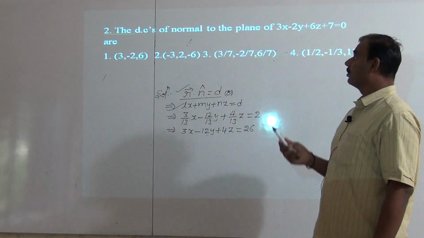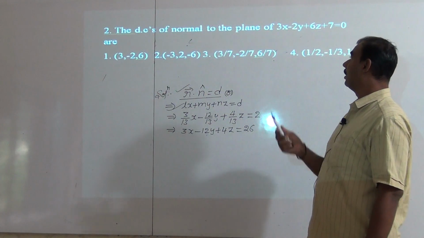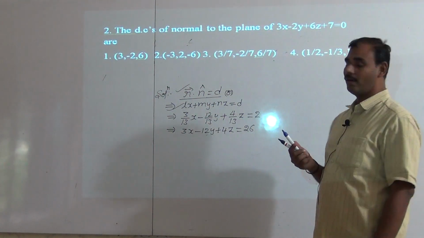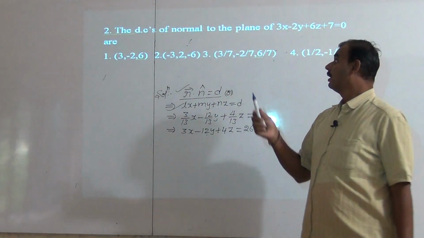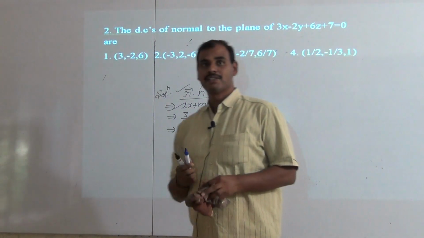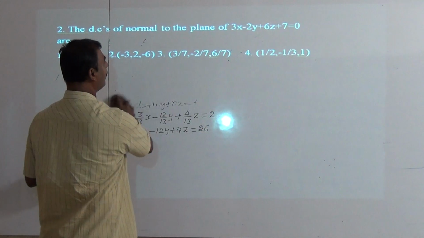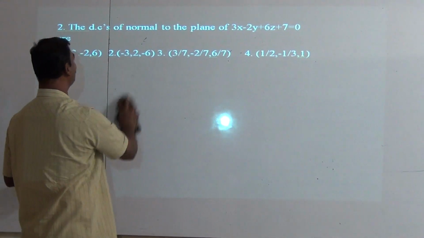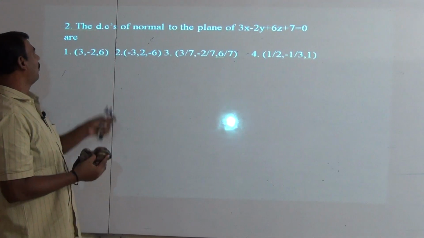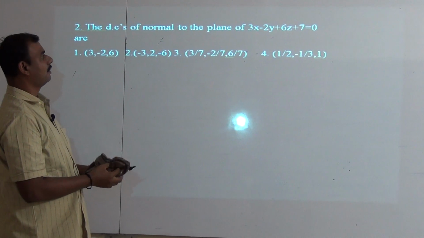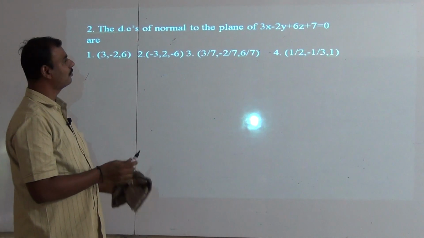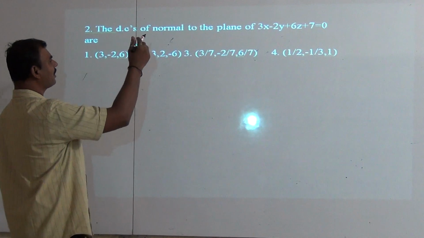The direction cosines of the normal to the plane 3x minus 2y plus 6z plus 7 is equal to 0. What are the direction cosines of the normal to the plane? So first, find the direction ratios.